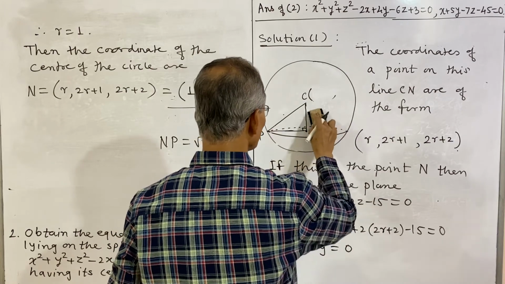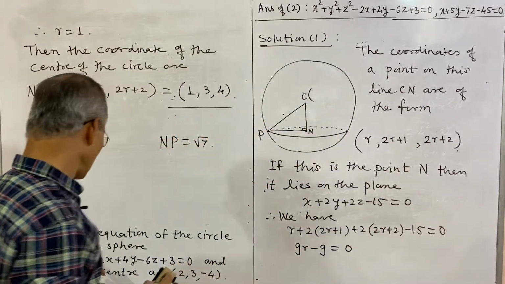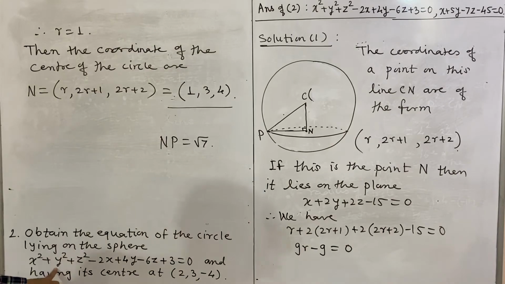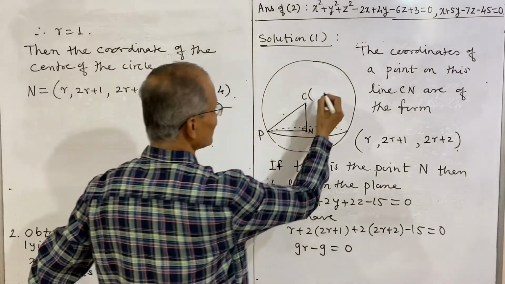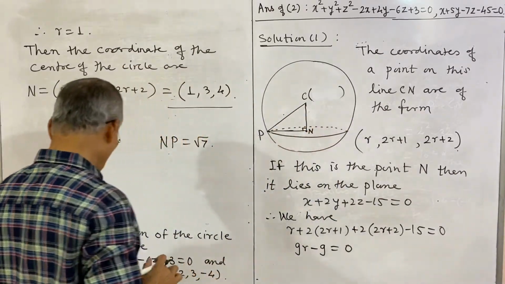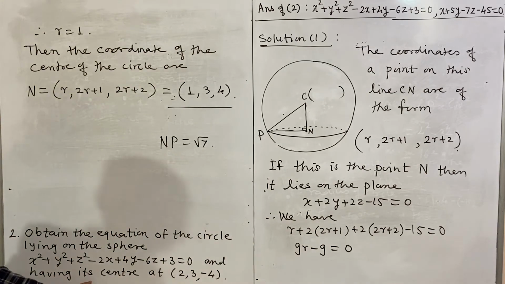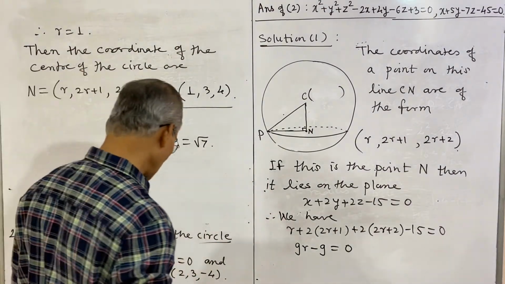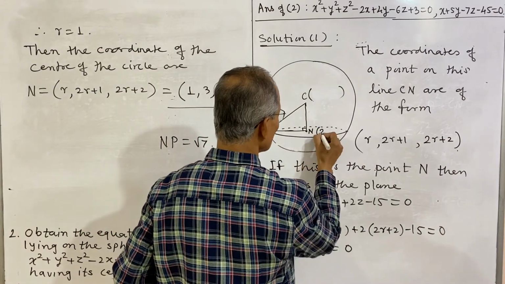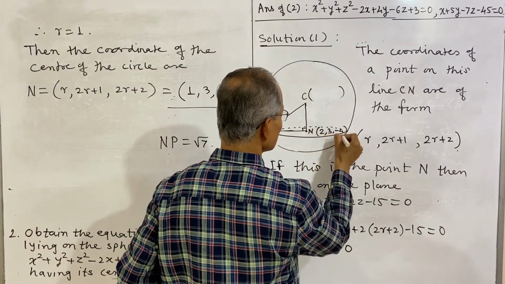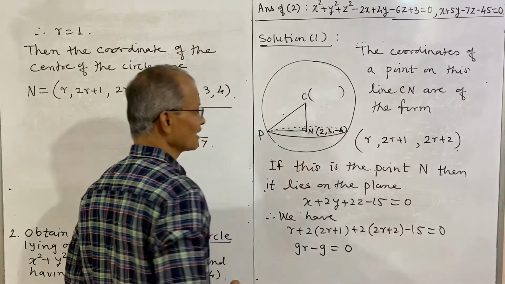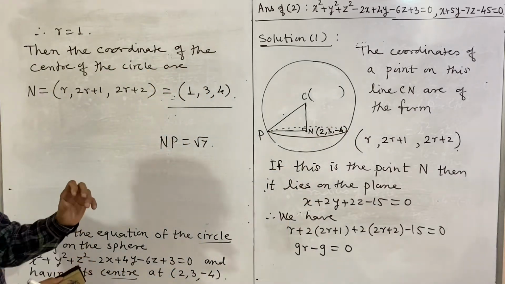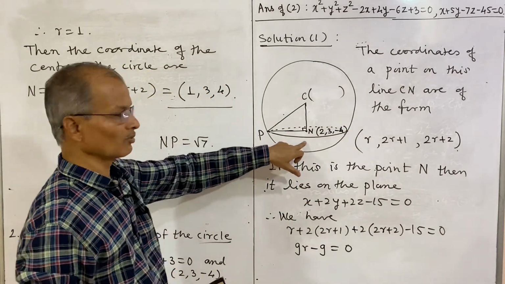You should solve this; the same figure will be there. This is the sphere, write its center, write its radius, and then the center of the circle is given. These are the coordinates of the center N: 2, 3, minus 4. We want to write the equation of this plane only.